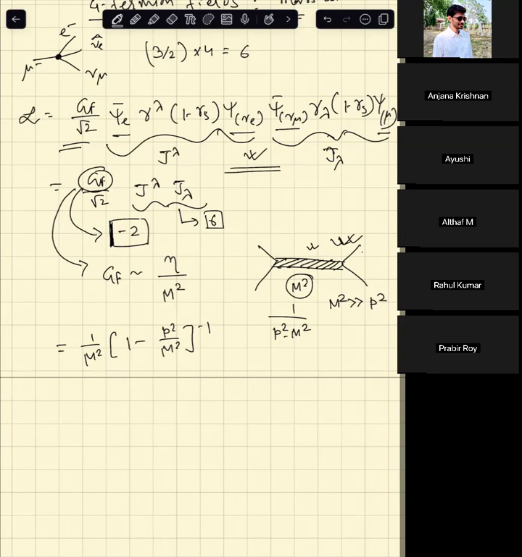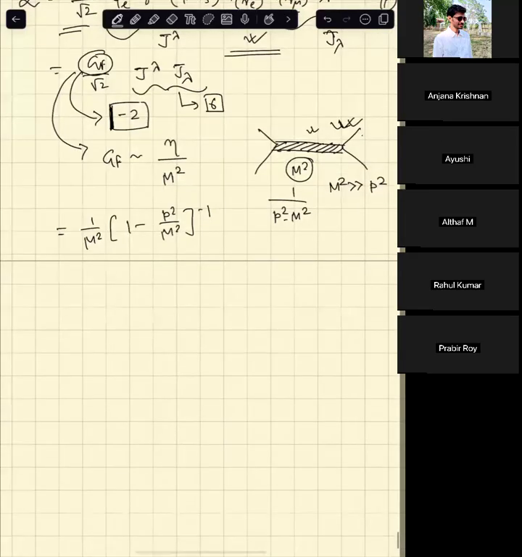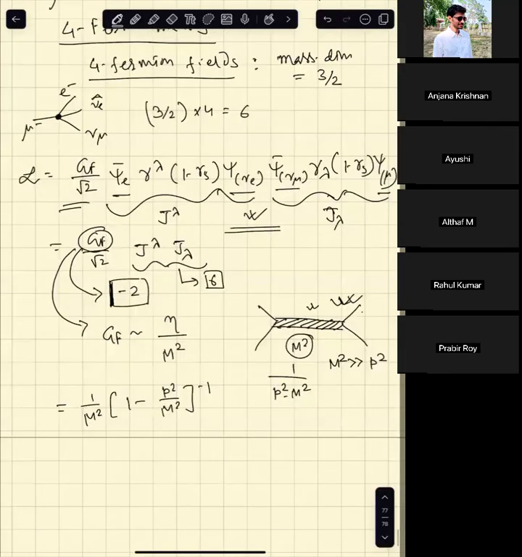Okay, so now let's see how we can compute this, right? This is the Lagrangian, as I mentioned, which describes this process.